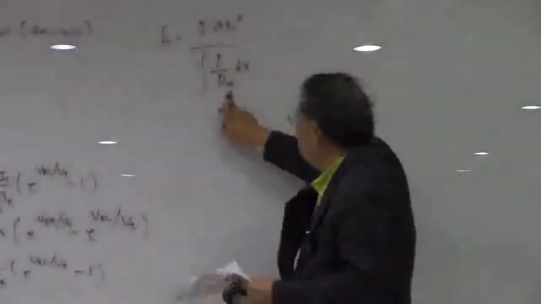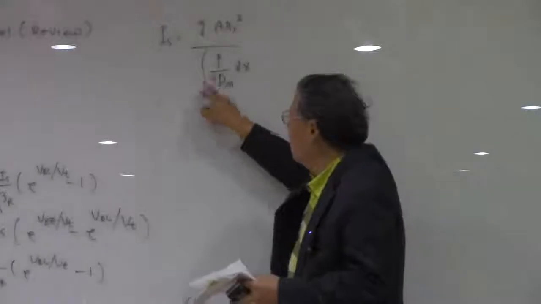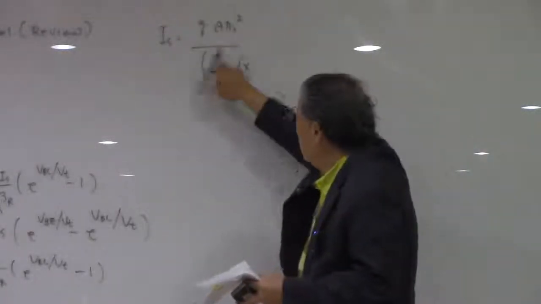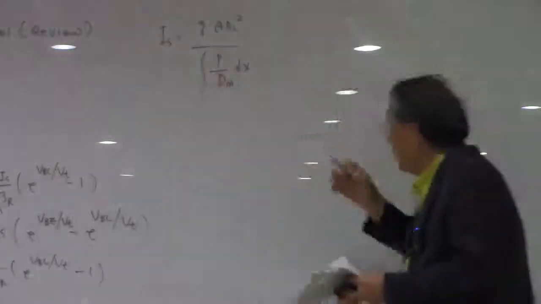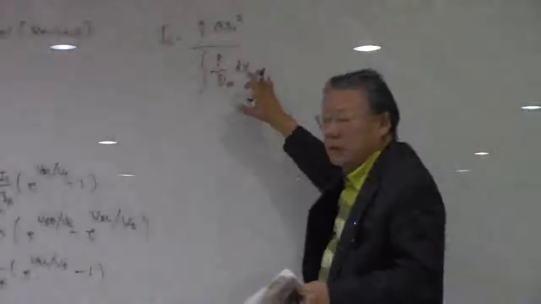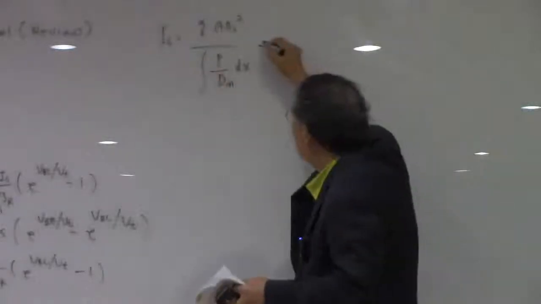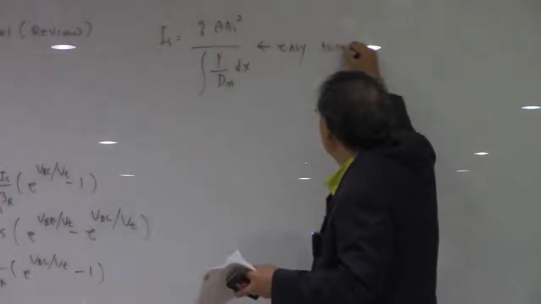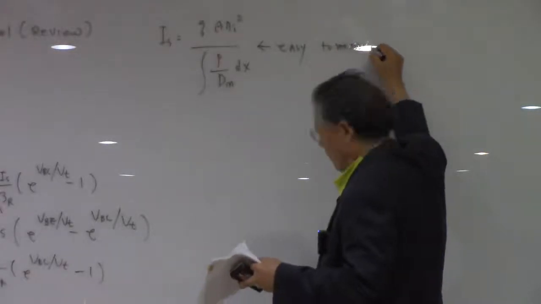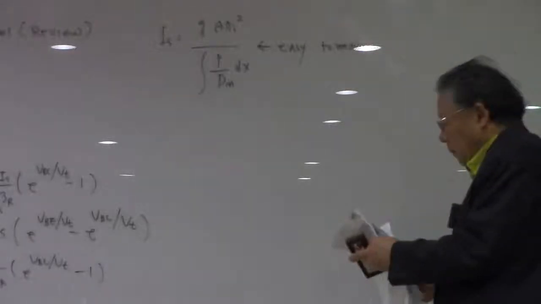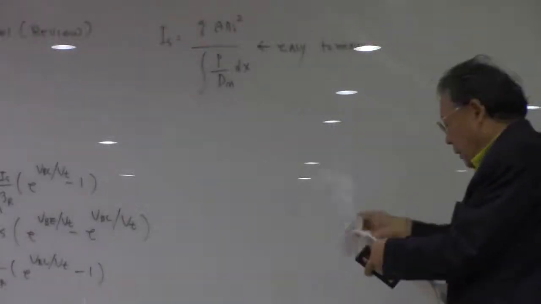So if dn is constant, you can get it out of this integral, and then we are going to get the Gummel number there, the dopant concentration in the base. And that is easy to measure. Okay, that is a base transport model.